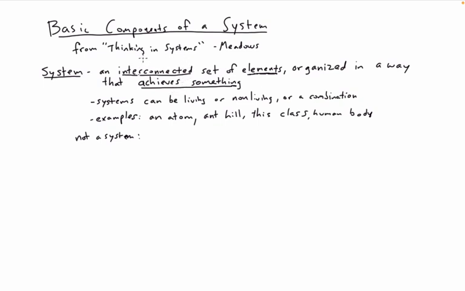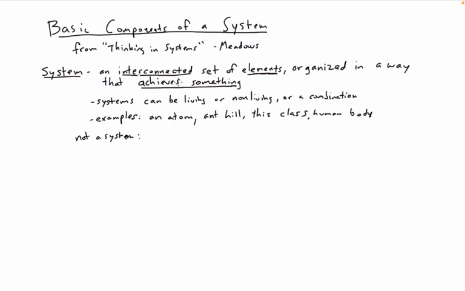In the book Thinking in Systems, Meadows suggests some sand on a road that's just randomly on the road. Maybe something that's not a system. Although you can think of ways that things like that might be a system.